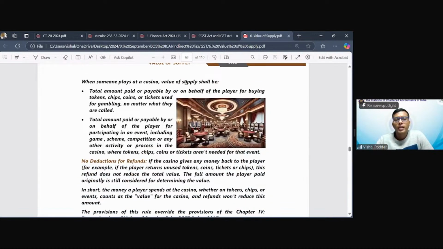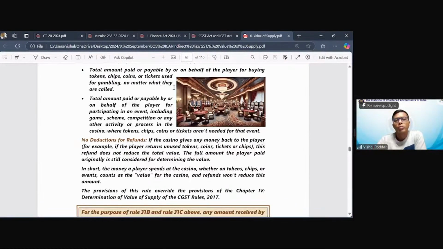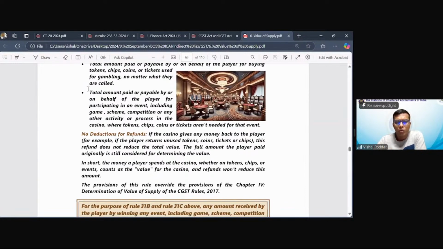So where someone plays at a casino, value of supply shall be the total amount paid or payable by or on behalf of the player for buying the token, chips, coins, tickets used for gambling, no matter what they are called. So you can call them coins, chips, whatever. Also the total amount paid or payable by or on behalf of the player for participating in an event, including game, scheme, competition, or any other activity in the casino where token, chips, coins aren't needed.